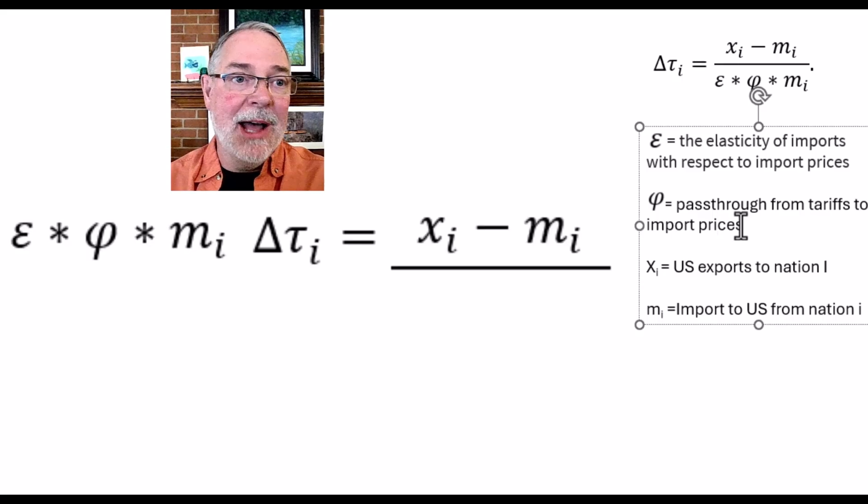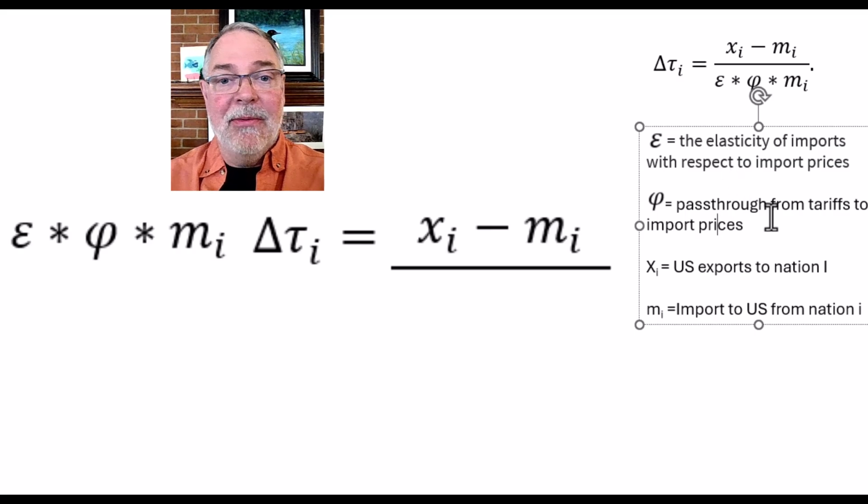If it's 0.5, only half would go through, so the change in price would be 2.5%. A 5% tariff, half of 5% would be 2.5%.